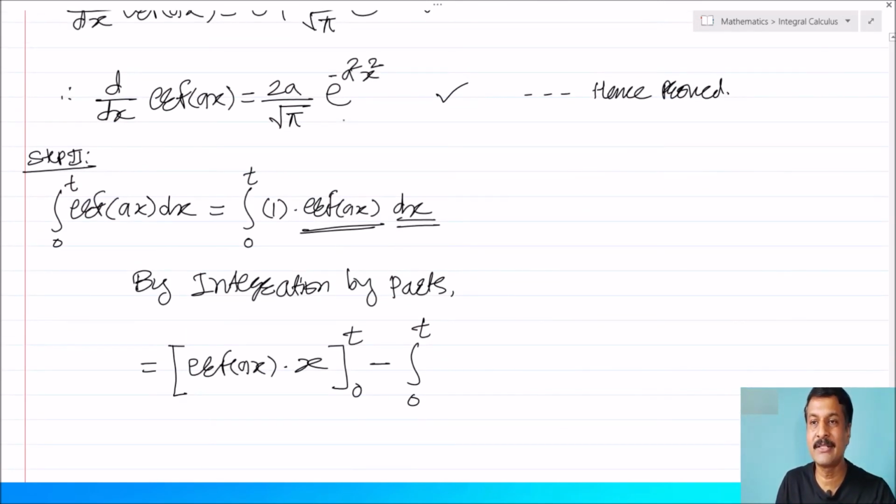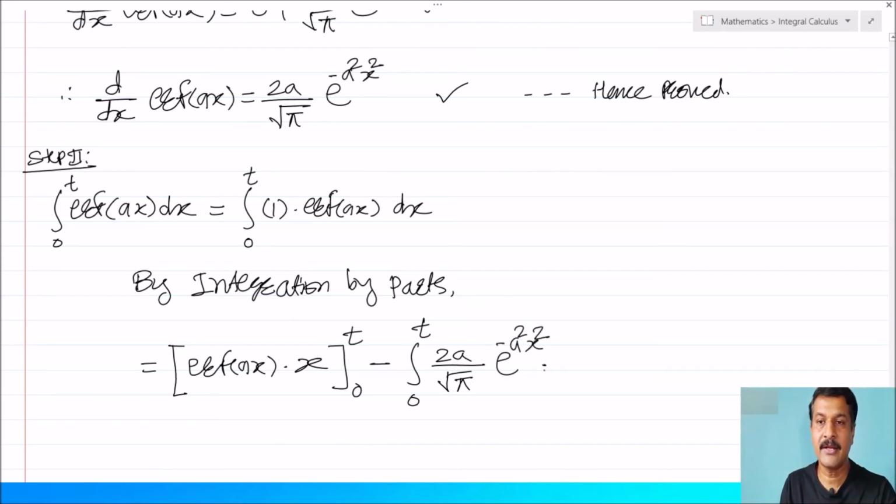We already have that result: the derivative of the error function of ax with respect to x is 2a by root pi into e raised to minus a square x square, into the integration of the second, which is x dx.